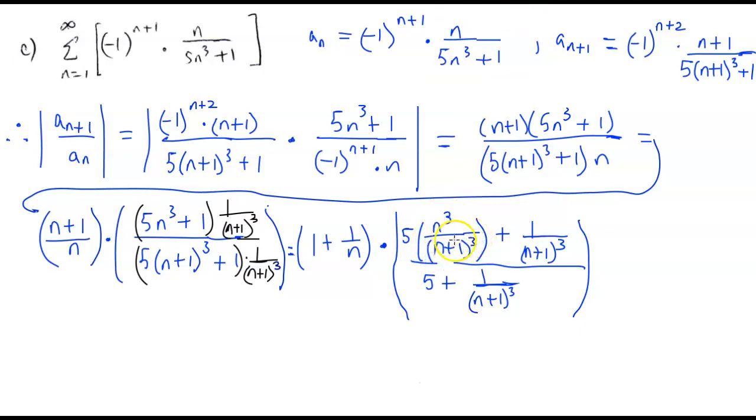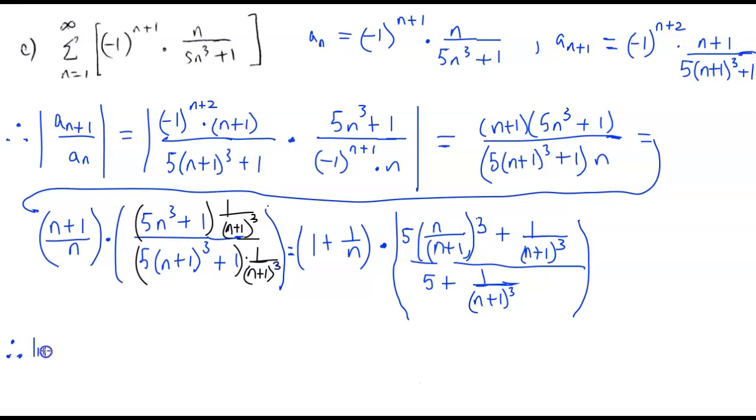So because both the n and the n plus 1 are raised to the 3 here, I could just get rid of this exponent and just have this be n divided by n plus 1, all of that raised to the 3. And that would make writing the next steps a little bit easier.